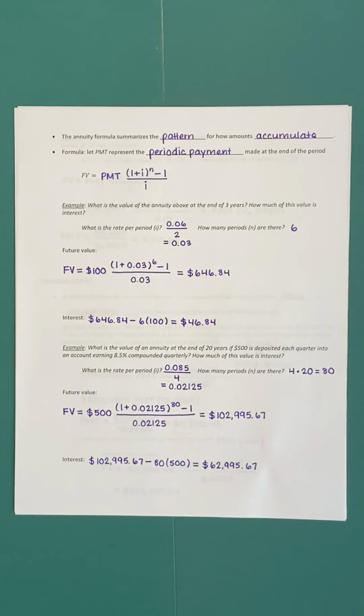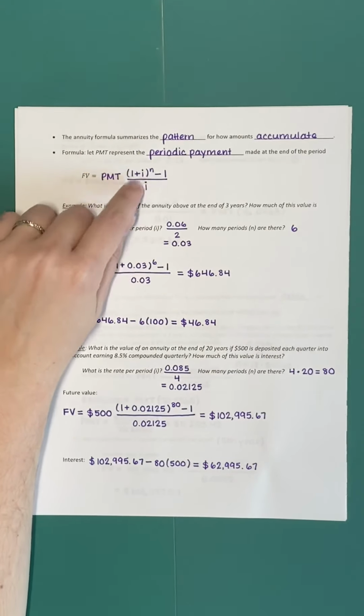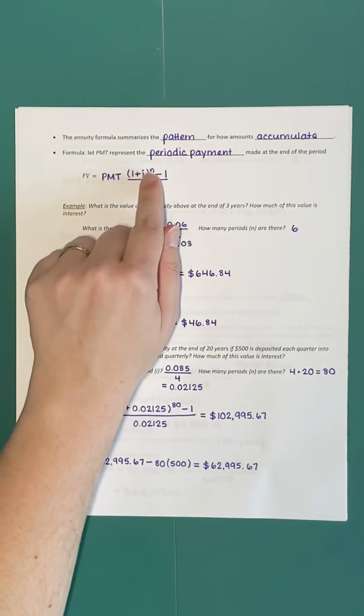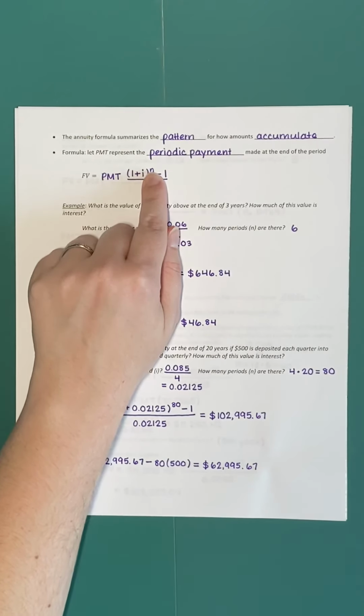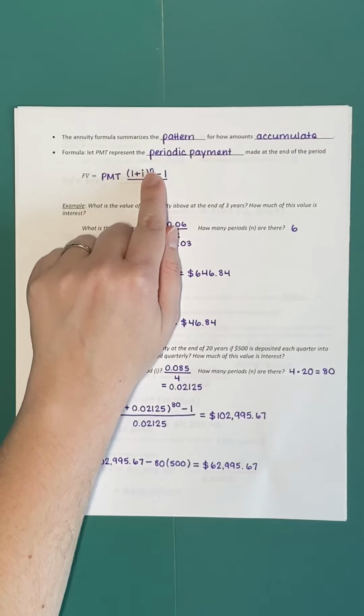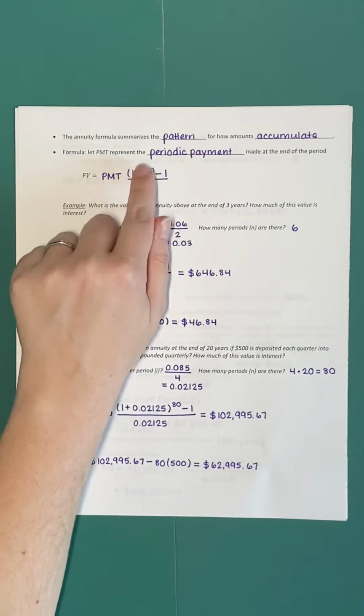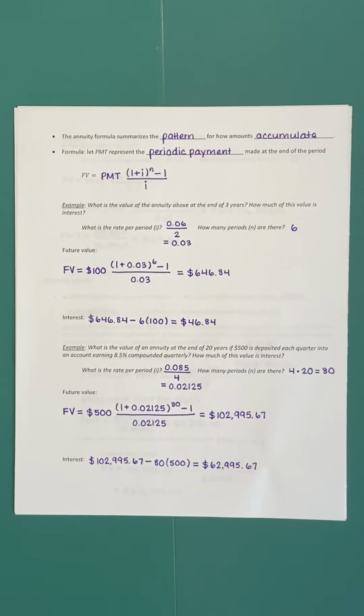I is going to be our periodic interest rate. If we take the annual rate and divide it by how many compounding periods we have per year, that's going to be our value for I. Notice we use that value twice in the formula. And then N is going to be the total number of periods that we have to accrue interest. So it's the total number of payments, and it's also the total number of interest periods.